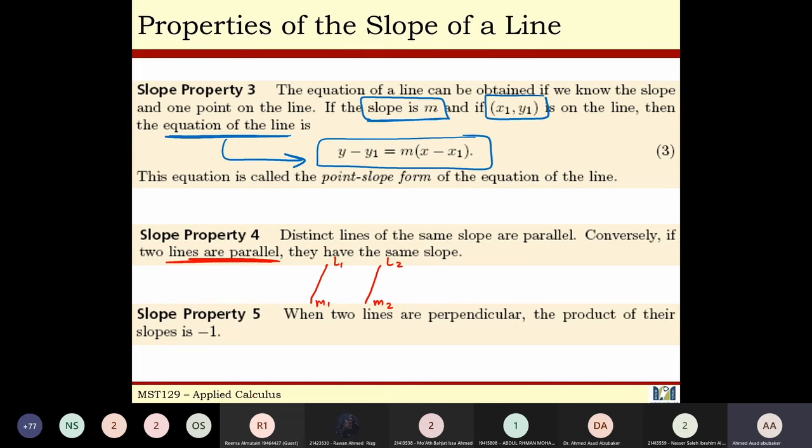L means line: line 1, line 2, and m1 is the slope of line 1, m2 is the slope of line 2. If L1 and L2 are parallel, we can conclude that m1 must equal m2. Any 2 parallel lines must have the same slope.